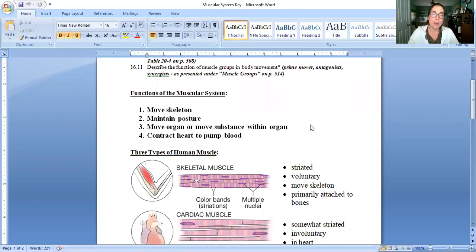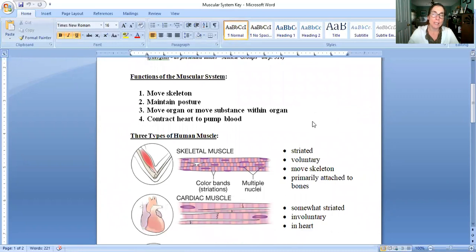First of all, the functions of the muscular system, as I just mentioned, are to move the skeleton, to maintain posture, to move an organ or to move a substance within the organ, and to contract in order to make the heart pump. And for these different functions, there are different types of muscle that accomplish each one.